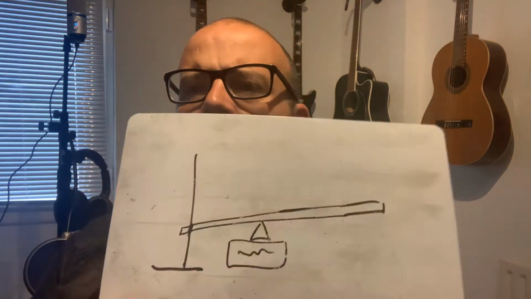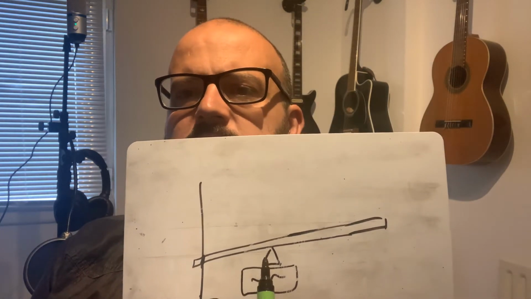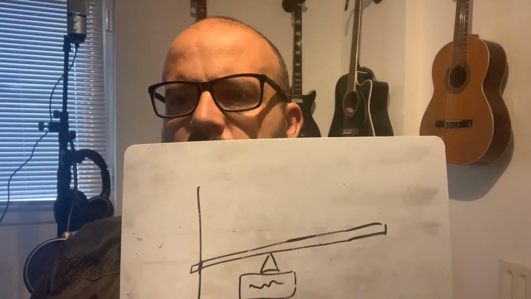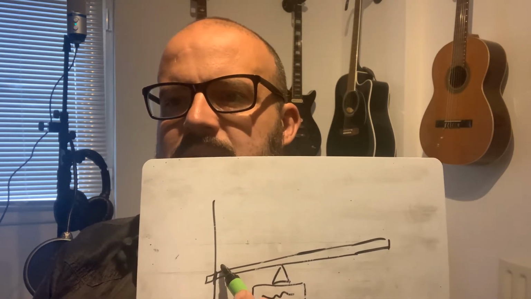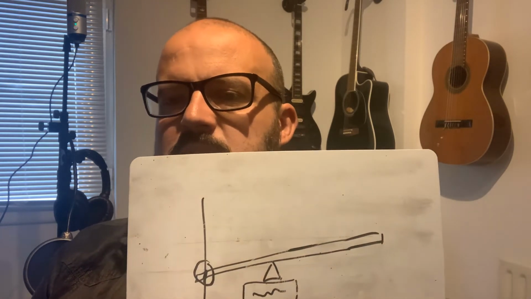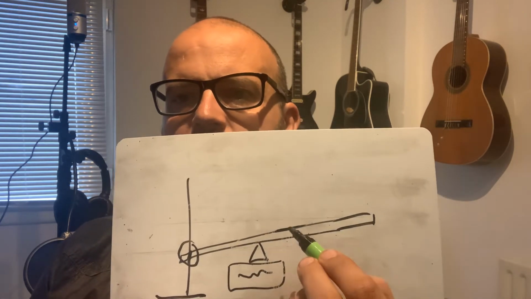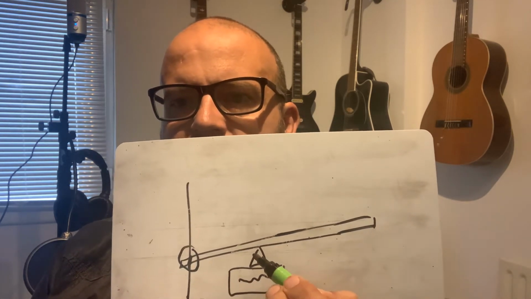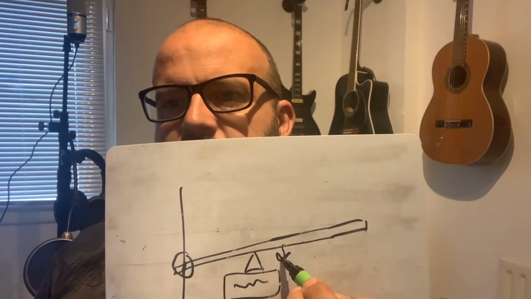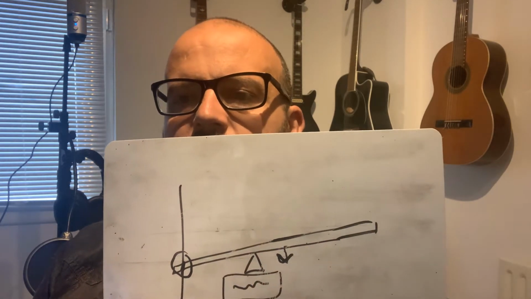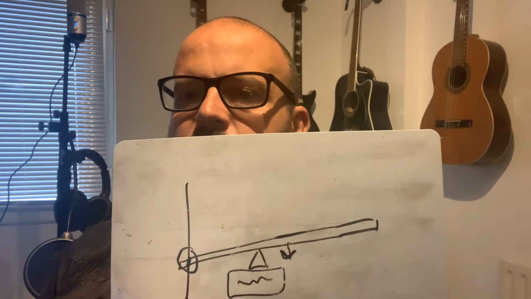Now actually this was just a moments question. It seems, looking at it, that it would be easiest to look at this as a pivot and try and work out moments like that, but actually I think the easier solution is to take this as the pivot here. And because this ruler is 1 metre long and this was only 30 centimetres, that meant the weight of the ruler was actually on this side of the glass prism.